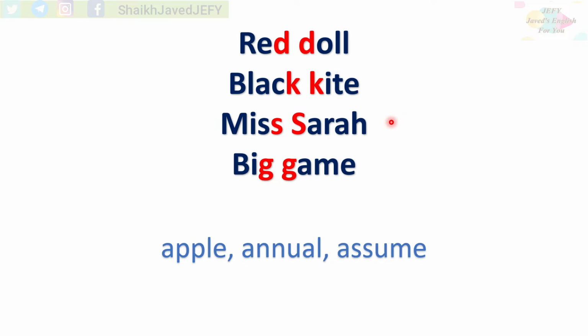The last example that we have here is big and game. Do not pause to say big game. Just imagine that there's only one G, and you have to put a little bit of pressure on that G. So you have to say big game in that way.